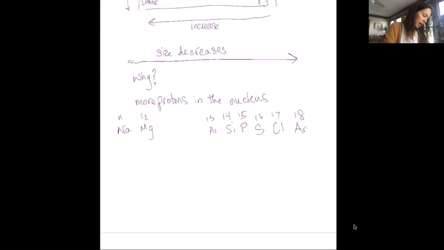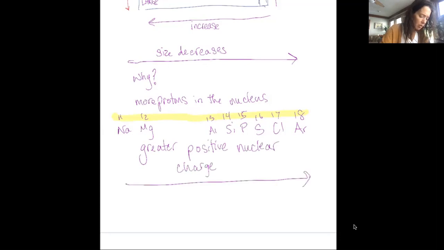So notice that as we go across, our atomic number increases, so we get more protons in the nucleus, all right? So we have a greater positive nuclear charge as we move from left to right across any period.